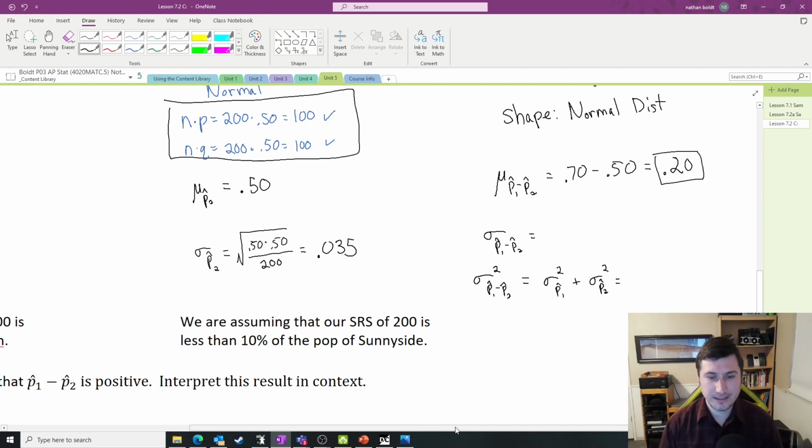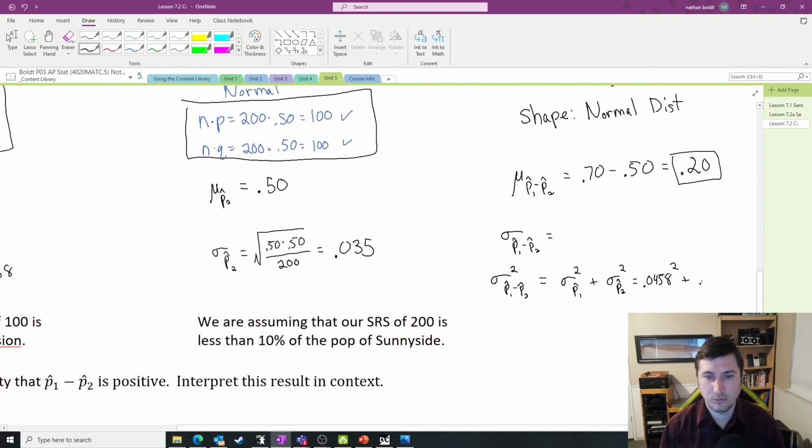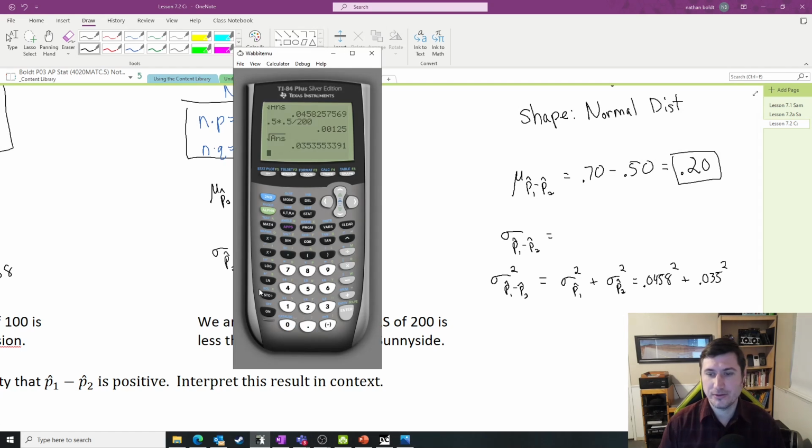So I'm simply going to take this number over here, 0.0458, square it, plus 0.035 squared. So I'm squaring them to get the variance, then I'm allowed to add them. Where's my calculator? So 0.0458 squared plus 0.035 squared.